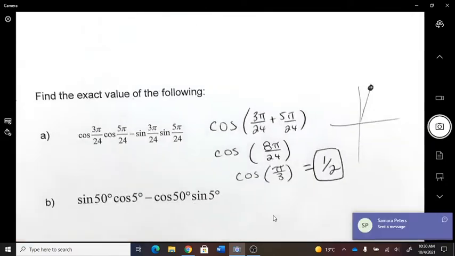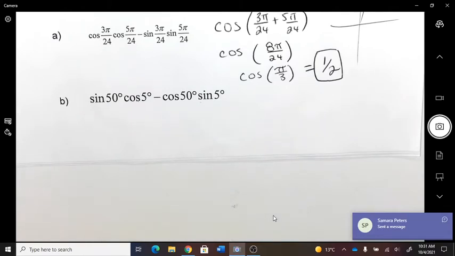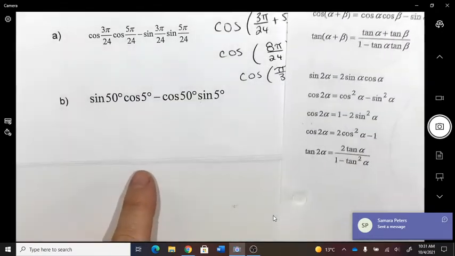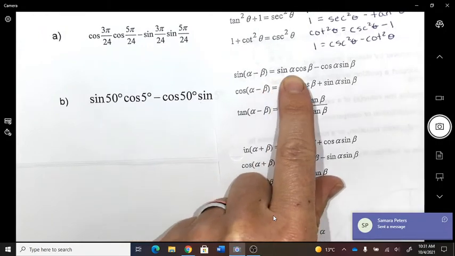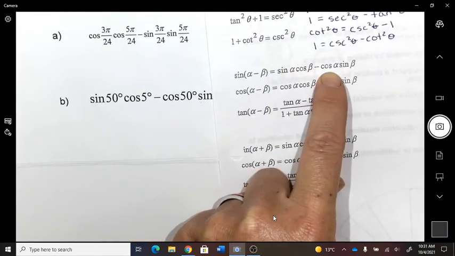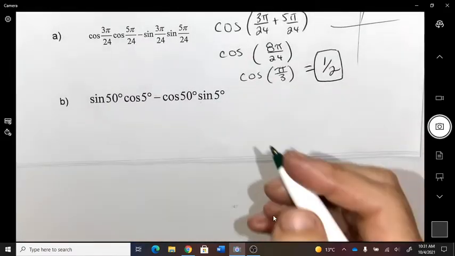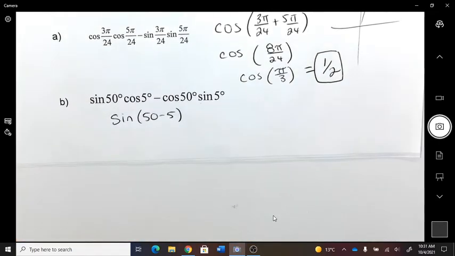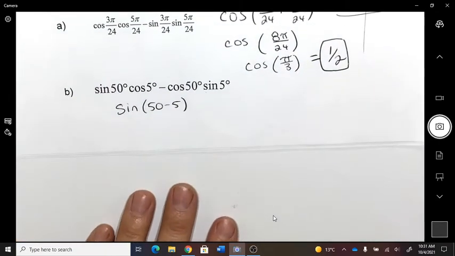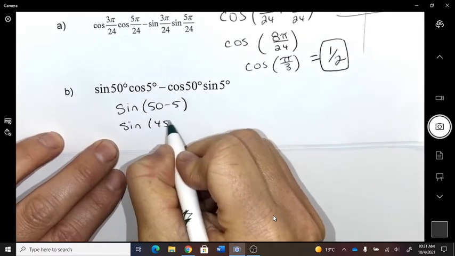Okay, B. Sine cos minus cos sine. We'll find a matching formula. Sine cos. So here's my match. Are we good? Sine of subtracted. Sine of subtracted. That's the formula it matched, which turns into sine of 45.